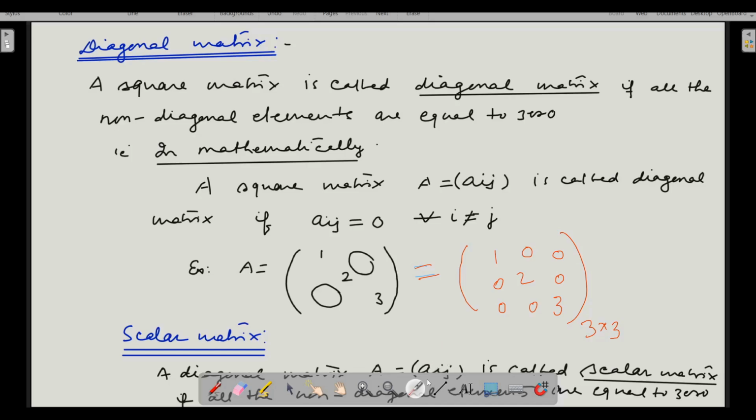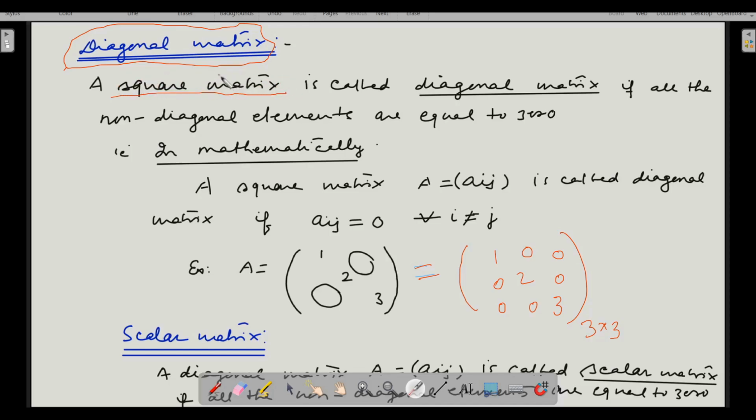Now, why is it a square matrix? We have taken a square matrix while defining the diagonal matrix. While defining the term diagonal matrix, it is an essential condition that the diagonal matrix must be a square matrix. What I want to say is that in order to determine whether a matrix is a diagonal matrix or not, the very first condition is that it must be a square matrix.